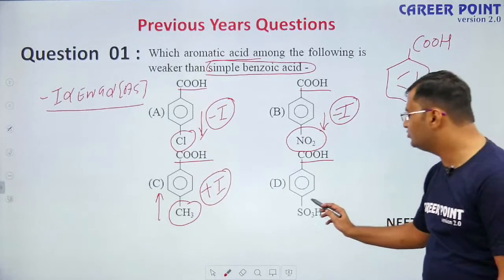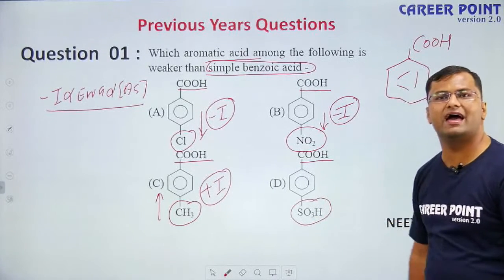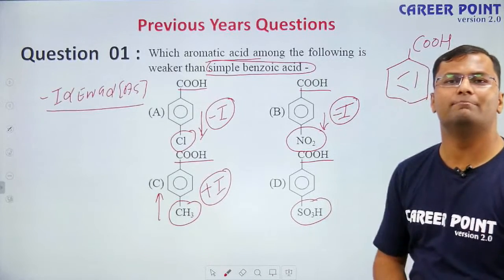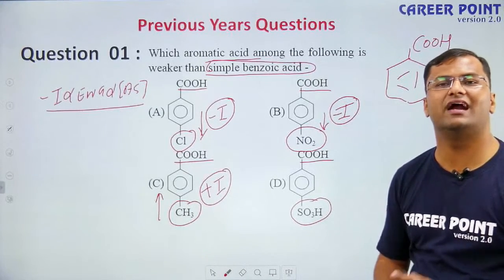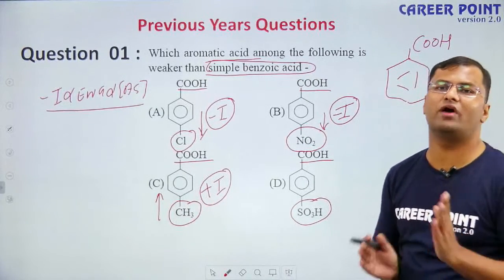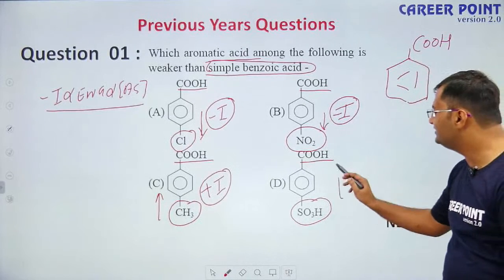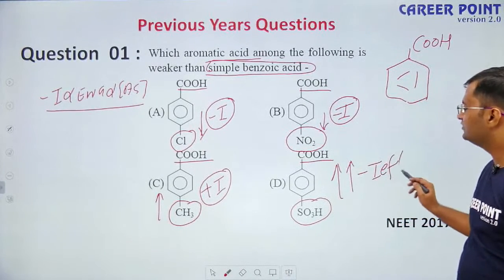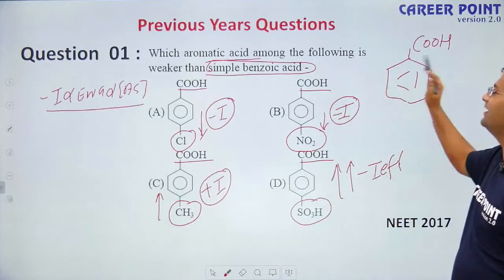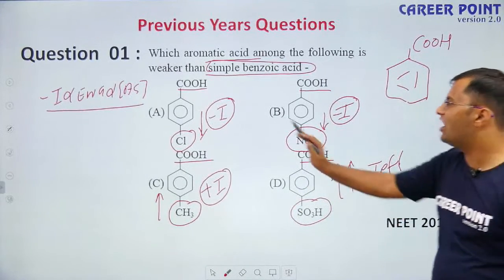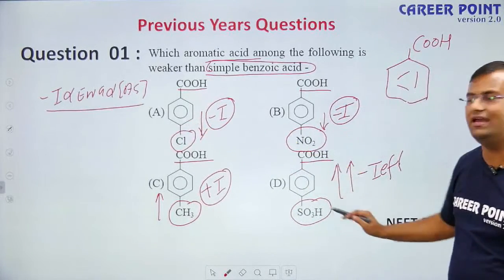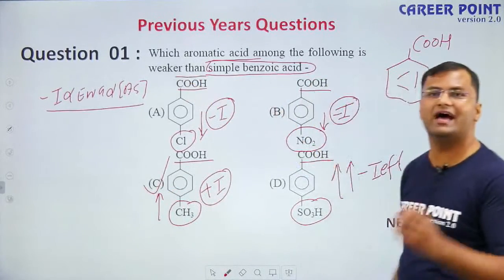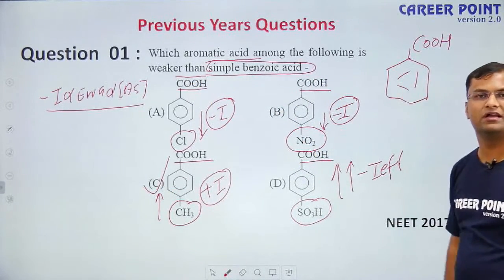Okay, now we will come to this one. This group has an SO3H. This has a very good minus I effect, or we can say that it has good electron withdrawing capacity. So this causes a strong minus I effect, so this is more acidic than benzoic acid. Clear? So among all A, B, C and D, compound C is weaker than simple benzoic acid.